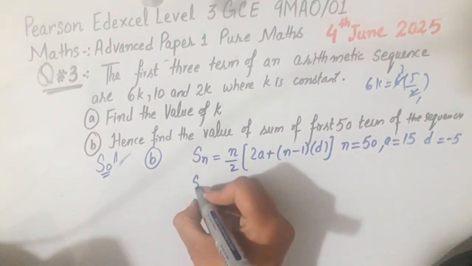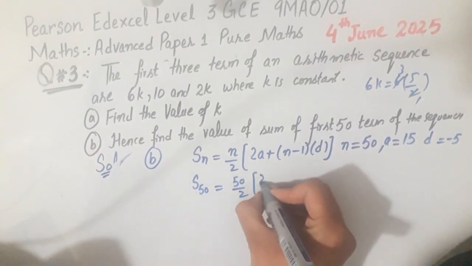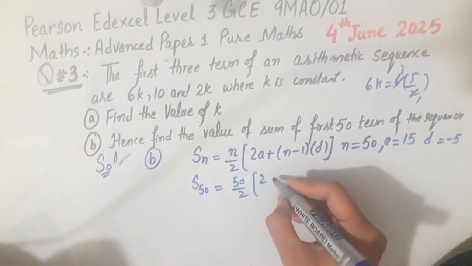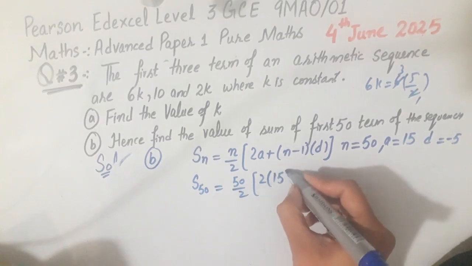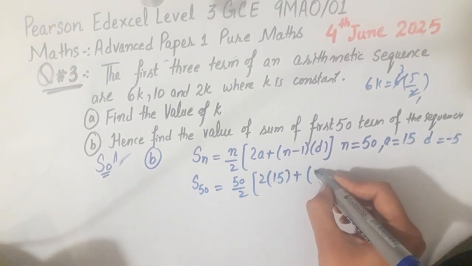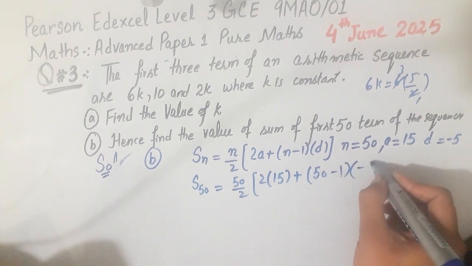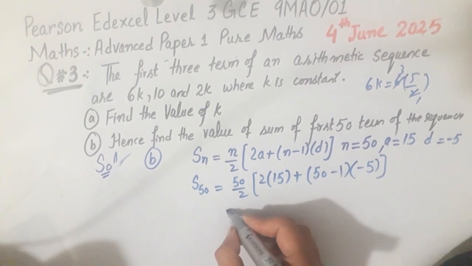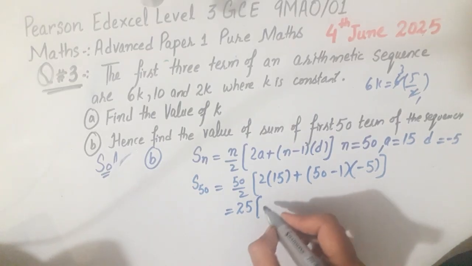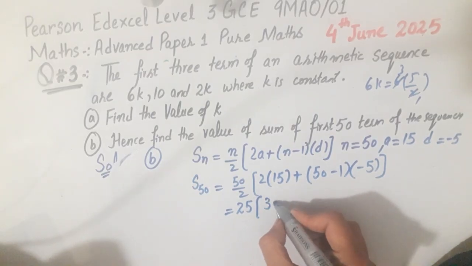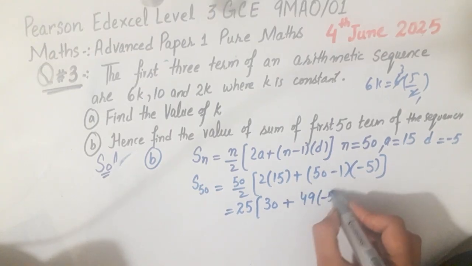So S50 equals 50 divided by 2 into (2 times 15 plus (50 minus 1) times minus 5). 50 divided by 2 is 25. Then 2 into 15 is 30, and 50 minus 1 is 49. 49 into minus 5.